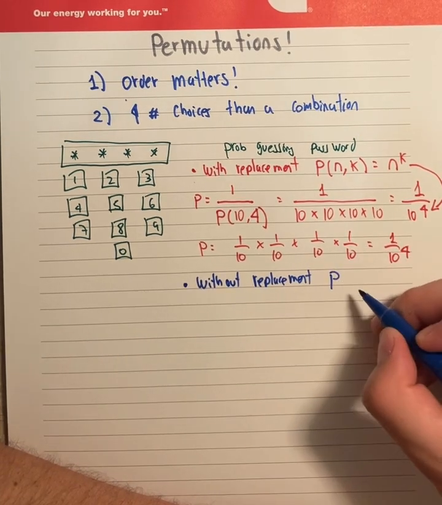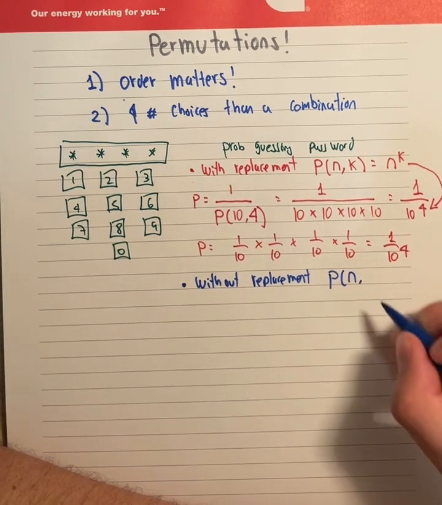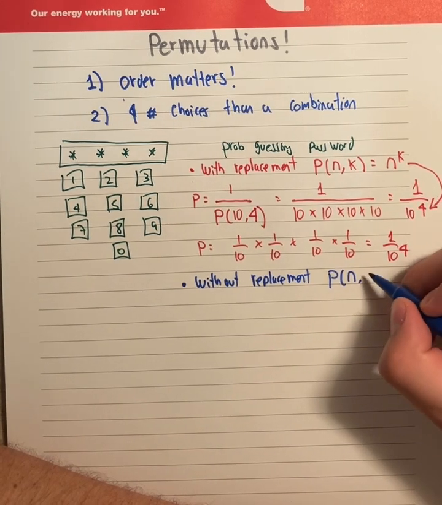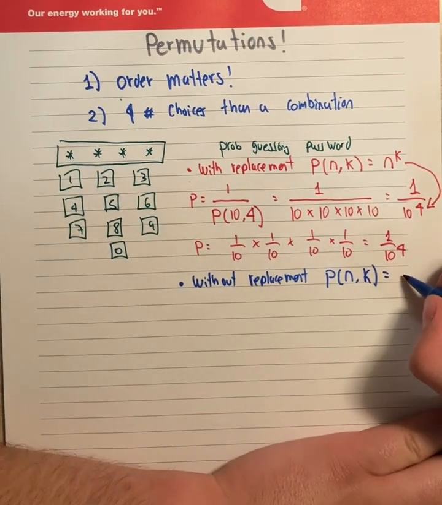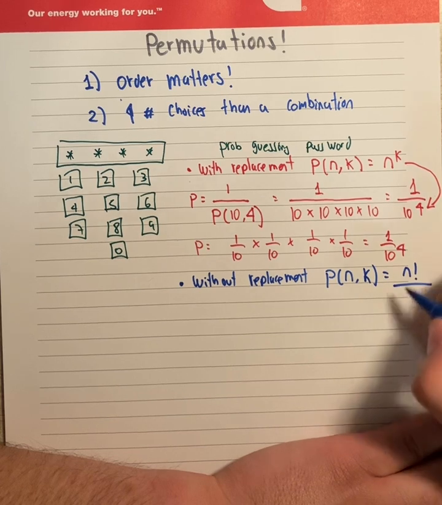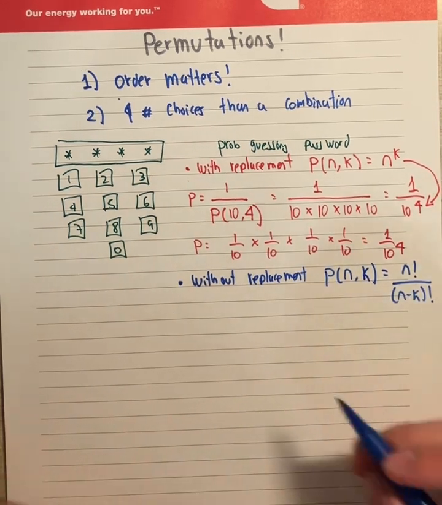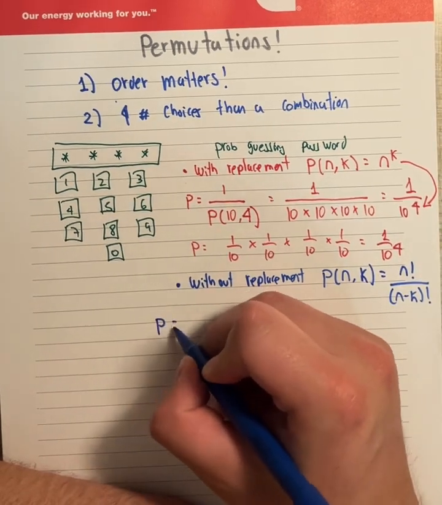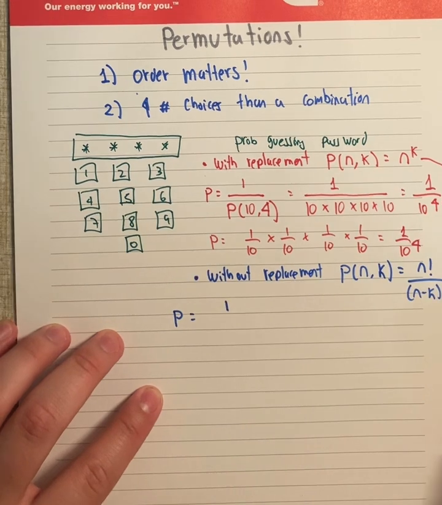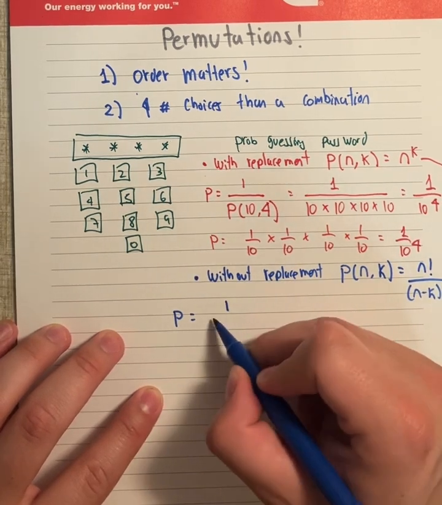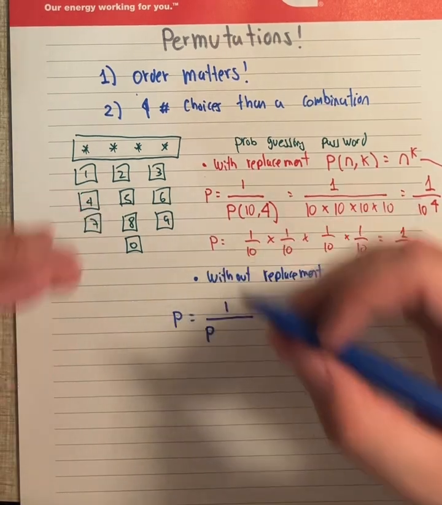And the total number of permutations of the total number of items that you can choose from, with the number of items that you want to arrange, that formula is called n factorial over n minus k factorial. And let's see why, right? Same principle: the probability is one correct password over the total number of permutations. That's the comparison.